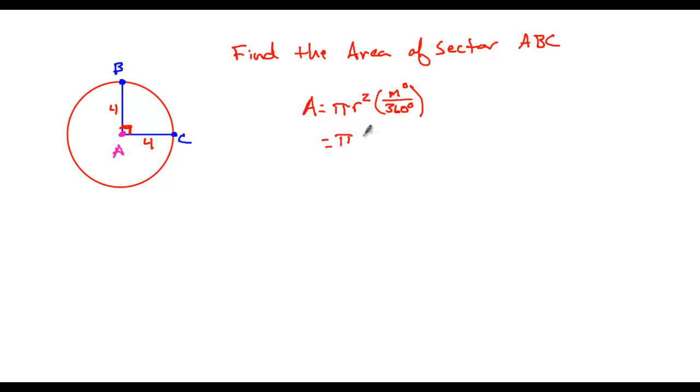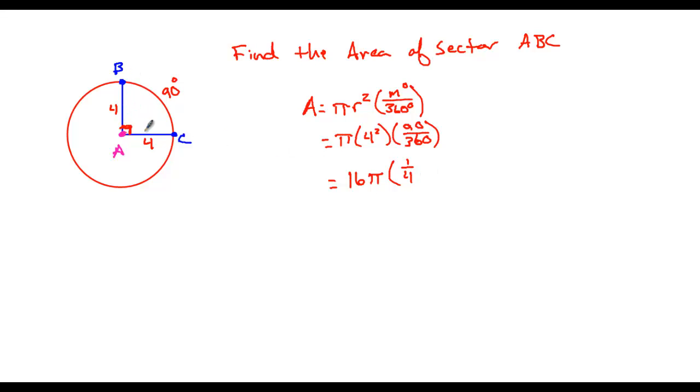Well, that's pi times 4 squared times our m here is 90 degrees, right? Because this central angle is 90 degrees, so the arc that matches up to it is also 90 degrees. So it's pi r squared times 90 over 360. Well, that's just 16 pi times 90 over 360 is 1/4.